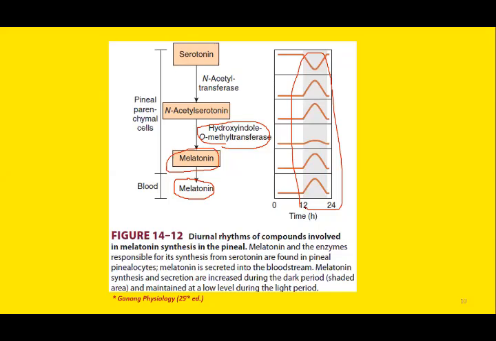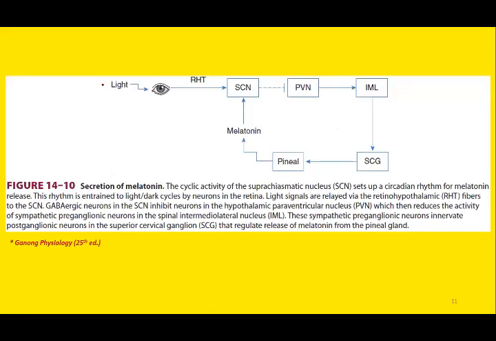Again, this figure is taken from Ganong's review of medical physiology. This depicts the same mechanism that we have just discussed. Light rays will enter the retina, and this signal from the retina will enter the suprachiasmatic nucleus of the hypothalamus.